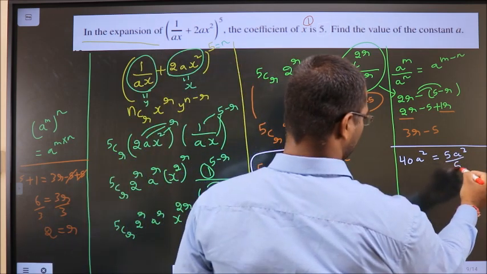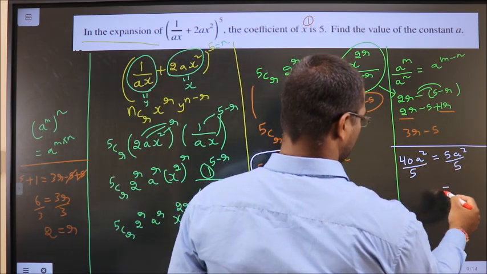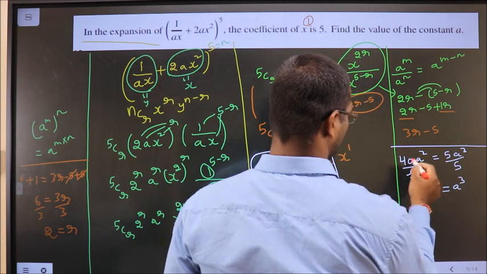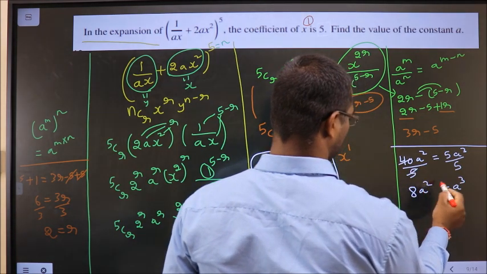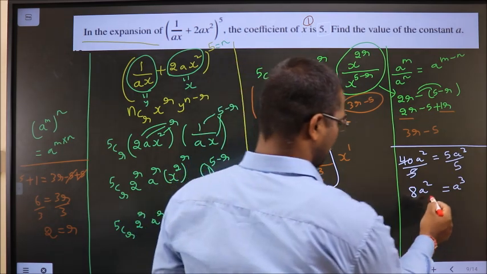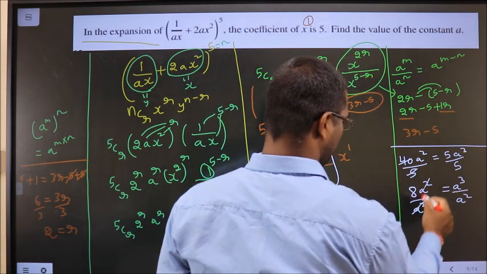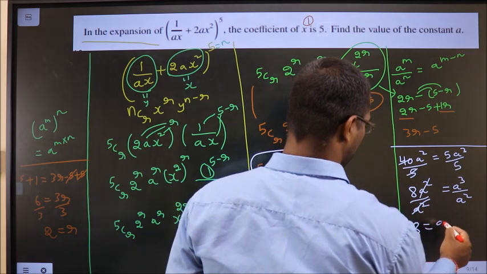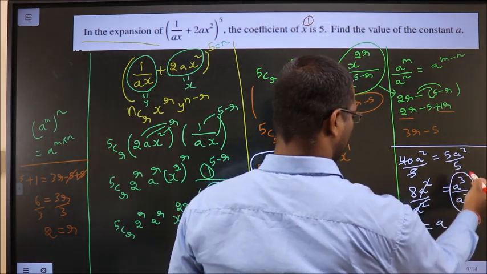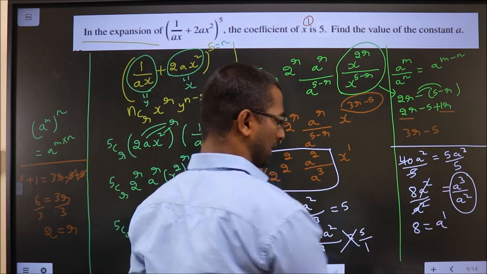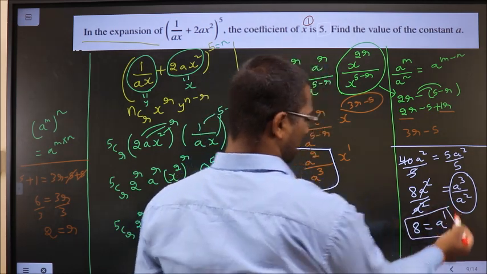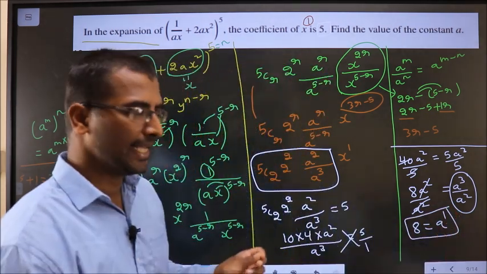Divide by 5 such that I get a³ here and over here 8a². Now divide by a² such that this cancels out. 8 is equal to a³ by a². a^(3−2) is a^1. So the value of a we got is 8.